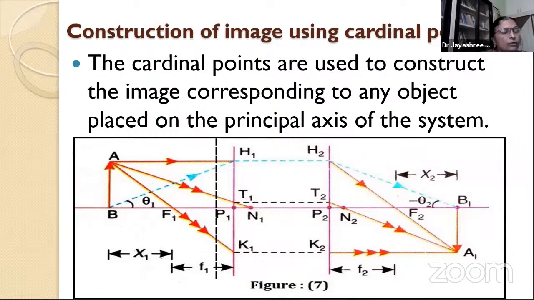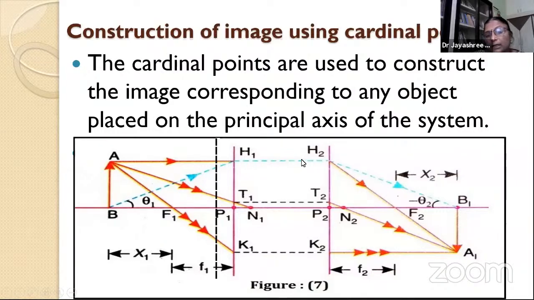So there are these conjugate planes, and we consider the incident rays which then pass through the different principal planes, corresponding to H1 and H2.